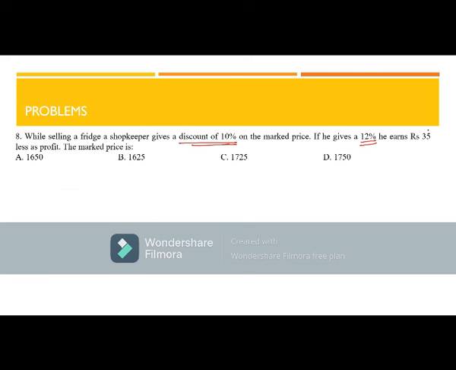Difference between the profit is 35. So what is the difference between the discounts? Difference between the discounts is 12% minus 10%, which gives me 2%. And difference between the profit is 35 rupees.